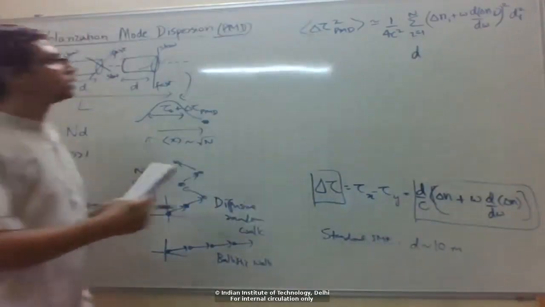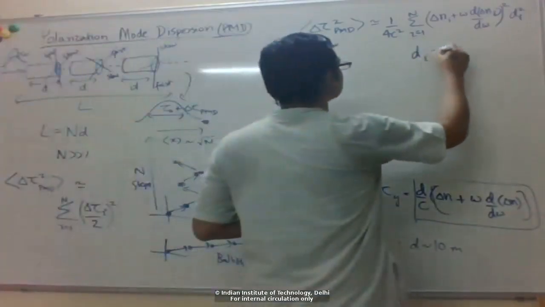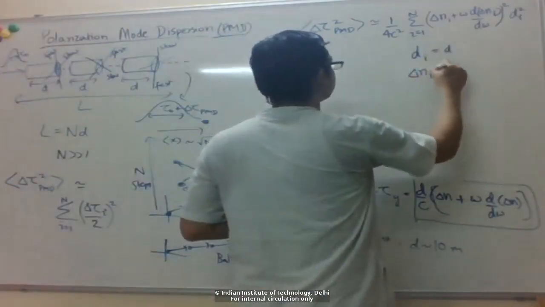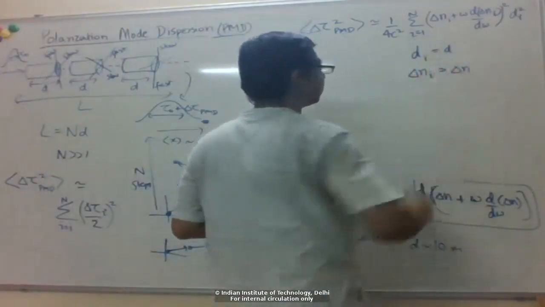We've divided them into equal segments. And also the birefringence in each segment is the same on average.